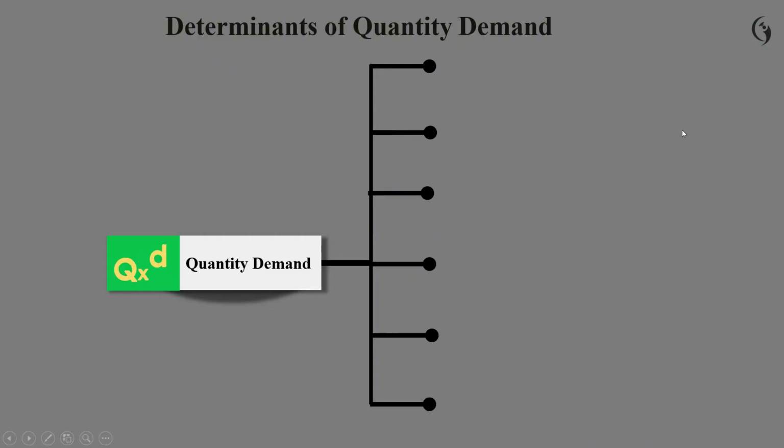So here we're going to discuss what are the determinants of quantity demanded. There are a number of factors which determine the quantity demanded. Here we are going to discuss some of the factors which mainly determine the quantity demanded. The most important one is the price of the commodity, which we denote by the letter P, that means the price.